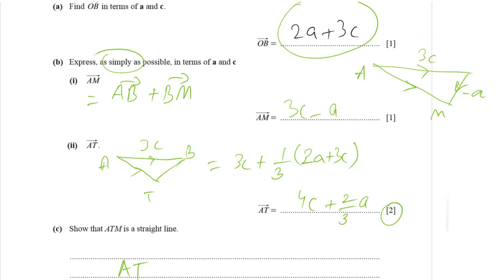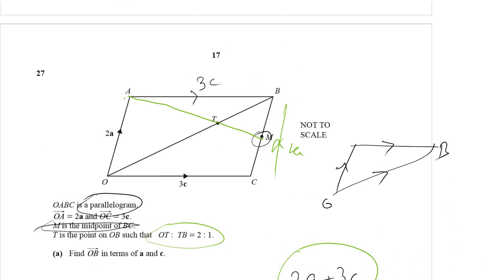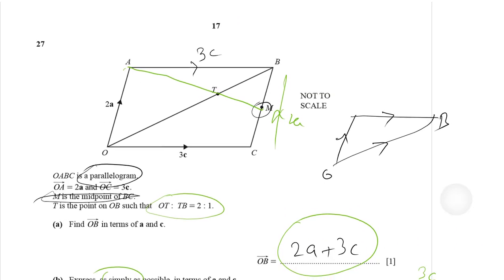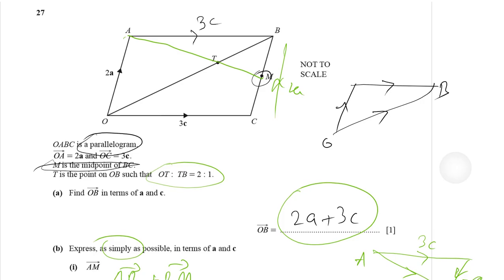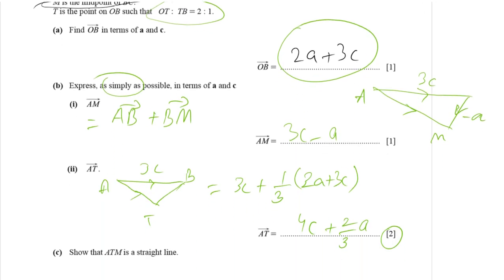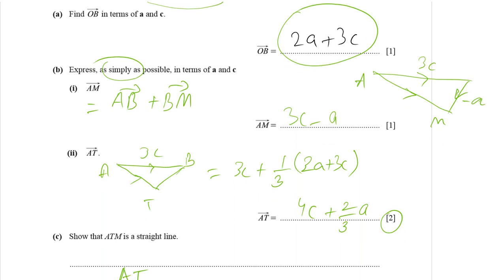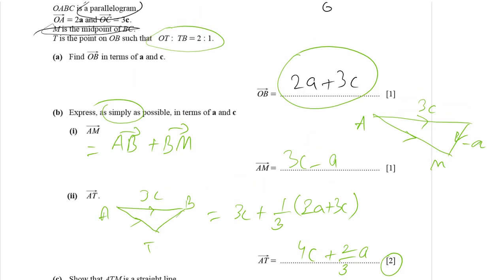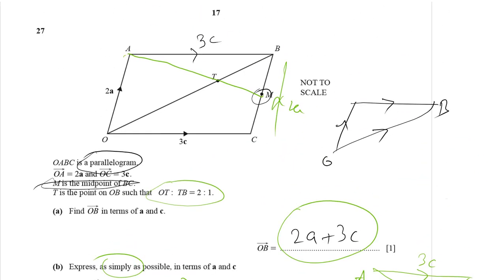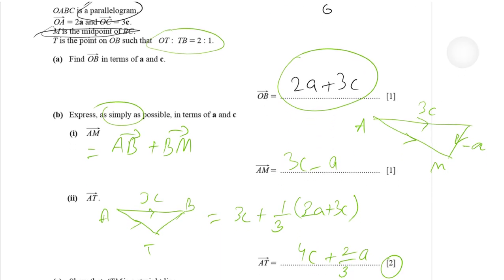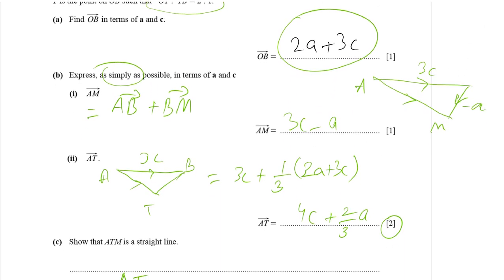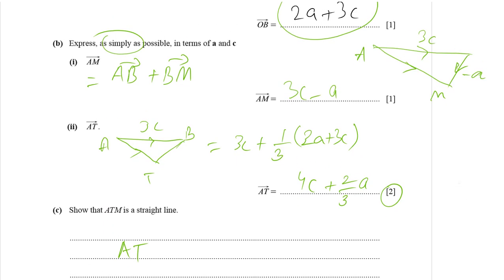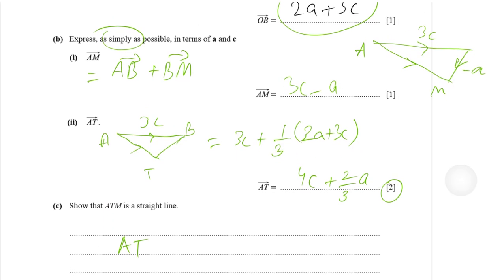AT should be some part of TM. So what do we have? I have AT, and do I have TM? I do have AM. Okay, so AT should be some part of AM, right?